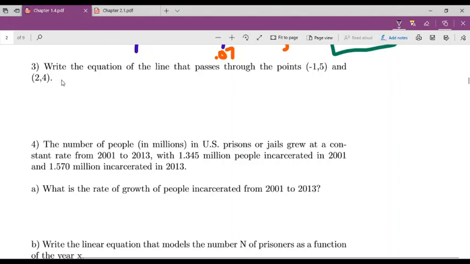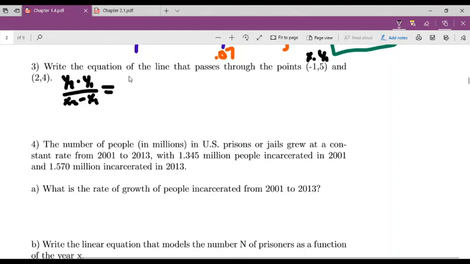Okay, so first off, let's find the slope. To find the slope, we need to do y2 minus y1 over x2 minus x1. Alright, so it doesn't matter which one's x1, which one's y1, you just have to keep them consistent. So if this is x1, obviously this one has to be y1, which means the other ones are x2, y2.